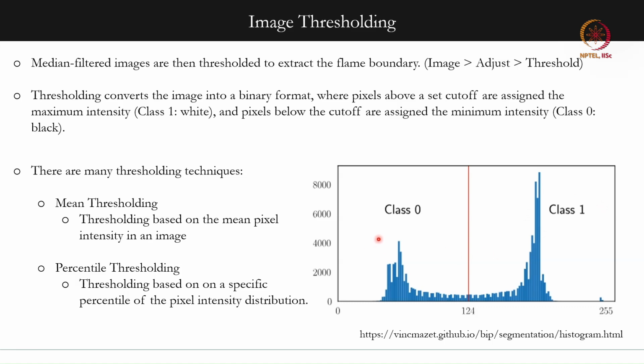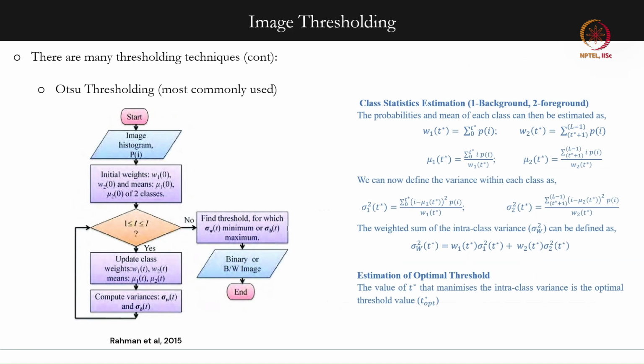So only the brightest pixels will be categorized into the foreground and assigned the binary value of 1. We'll see what the effect of using different thresholding techniques is. Before that, we'll go into another thresholding technique, called Otsu thresholding.